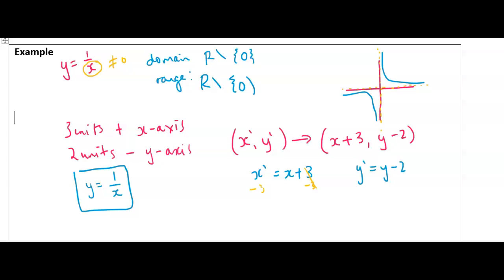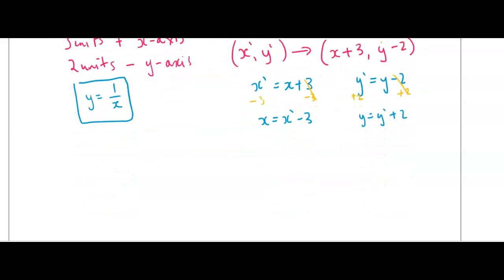And I now get x equals x dash minus 3. So in my function, wherever I see x, I need to put in x dash minus 3. And let's just rearrange the y. So we're going to add 2, and my y is going to become y equals y dash plus 2.